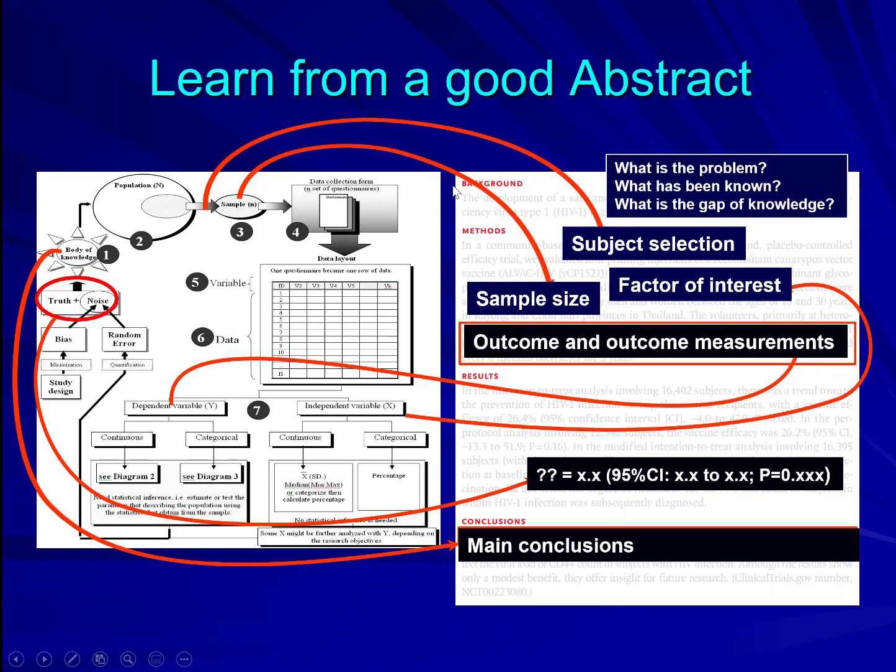All right, so in the background section, provide some information to convince the audience to read further about we are really tackling the important problem, we really know a lot about what has already been known so far about this problem, and what is the gap of the knowledge, you know.